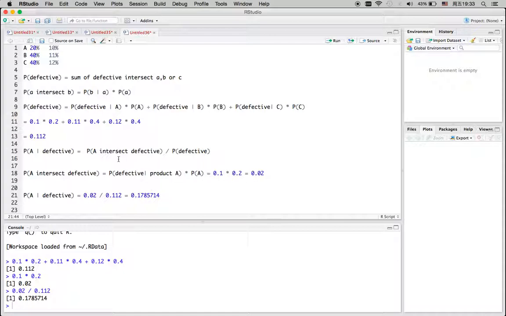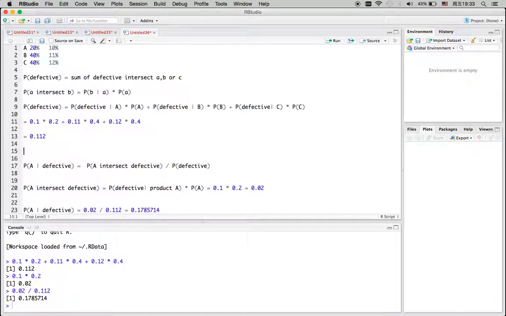So this is the example for the law of total probability and Bayes theorem. So we can see that here, in this company, A, B, C is definitely an exhaustive event, since the company only produced product A, B, or C, none of them else.